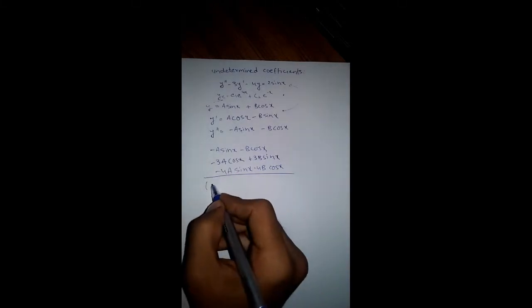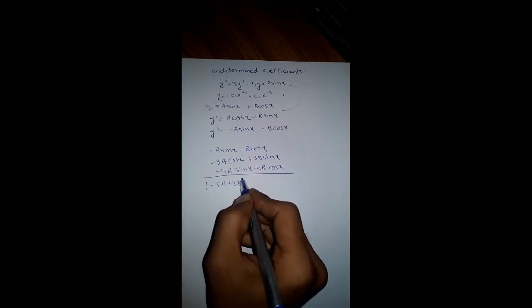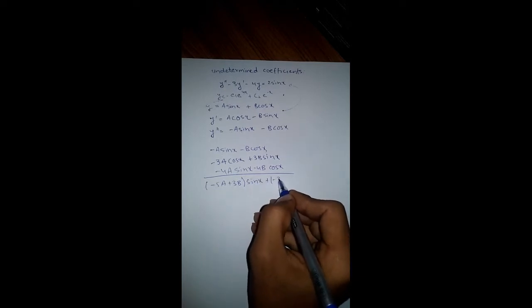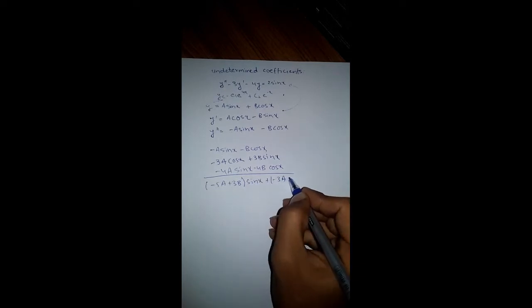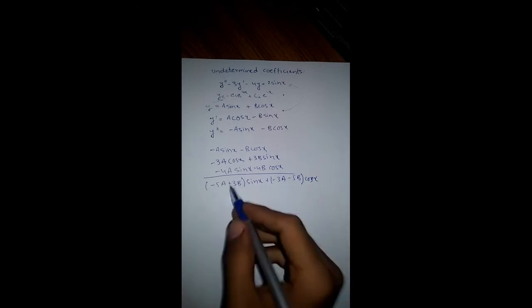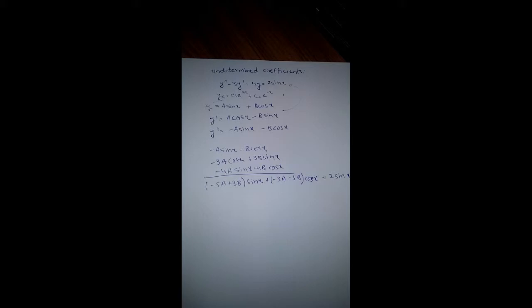So it will become minus 5a plus 3b, sin x, plus minus 3a minus 5b, cos x, and all of this is equal to this function of x. Are you getting it? Equals 2 sin x. So how do we solve for a and b?